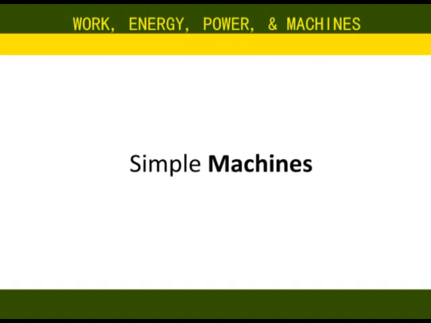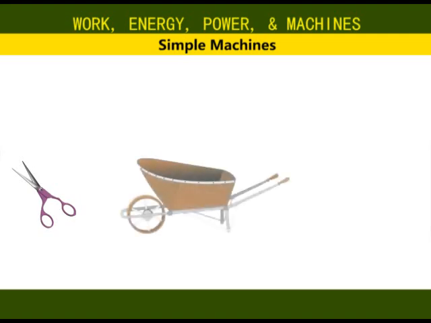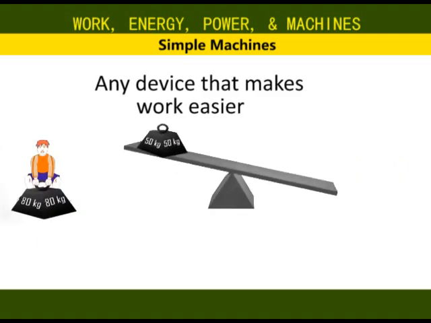Now we talk about machines. Whereas many people oversimplify the concept of work and energy, when most people hear the term machine, they think of sophisticated and sometimes automated pieces of equipment. But machines can be as simple as a pair of scissors. A machine is simply any device used to make work easier.